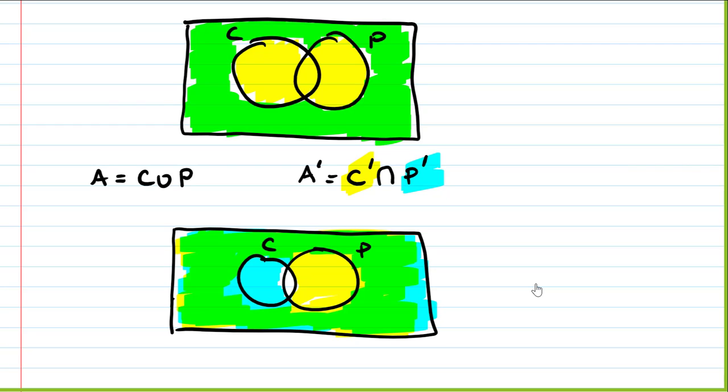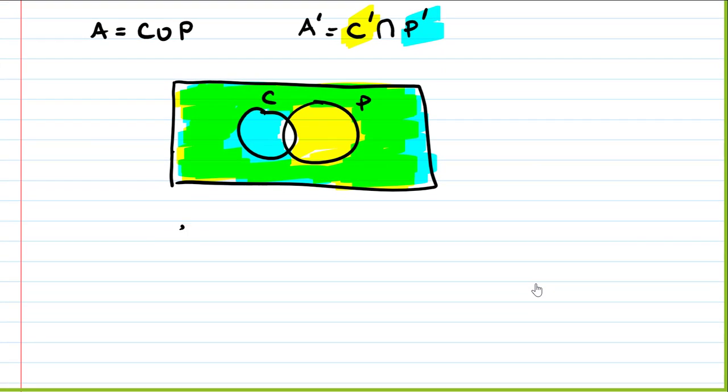So it's kind of cool. The complement of C union P is C complement intersect P complement. Or in other words, for any two sets, if you have the complement of a union, it is equal to the intersection of the complements.